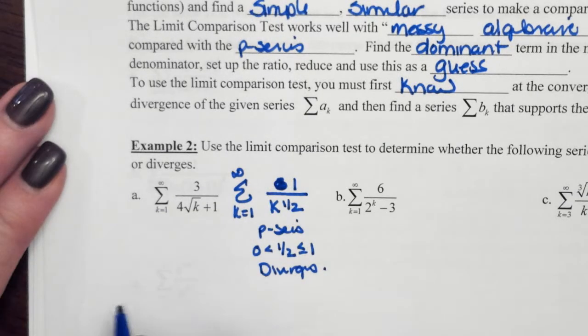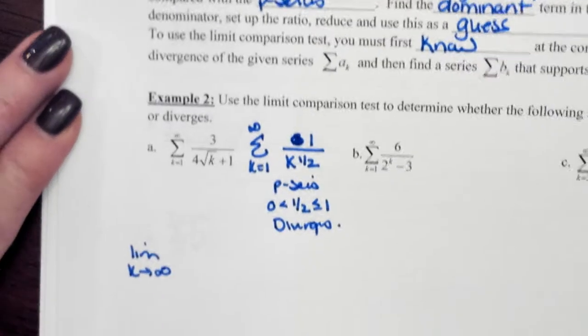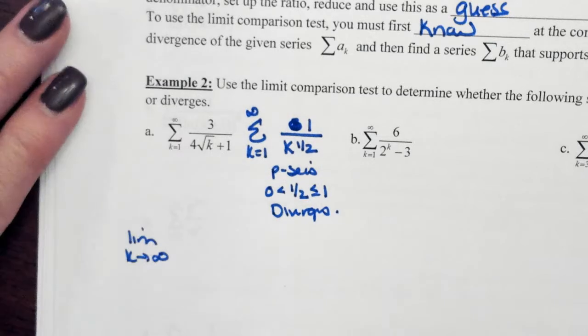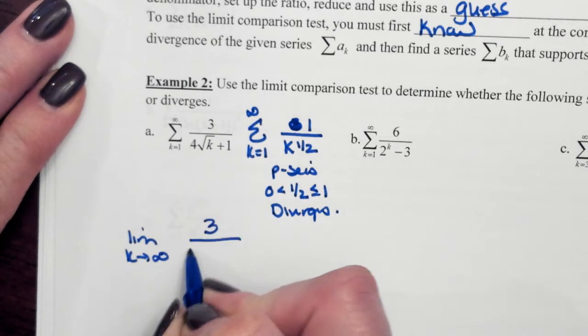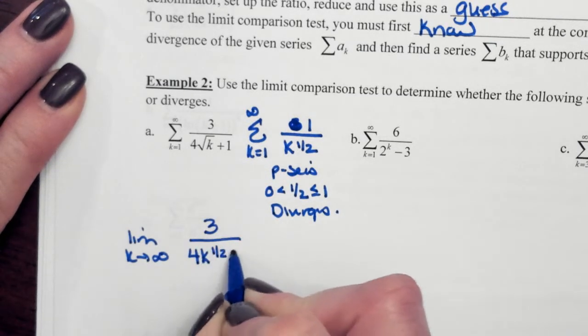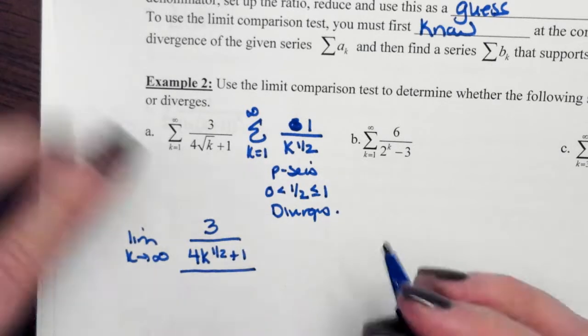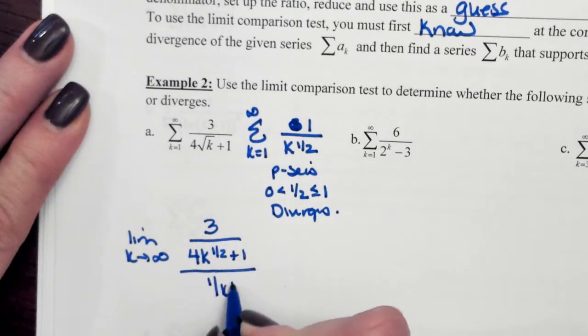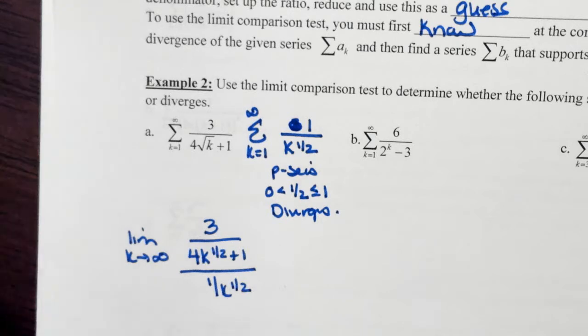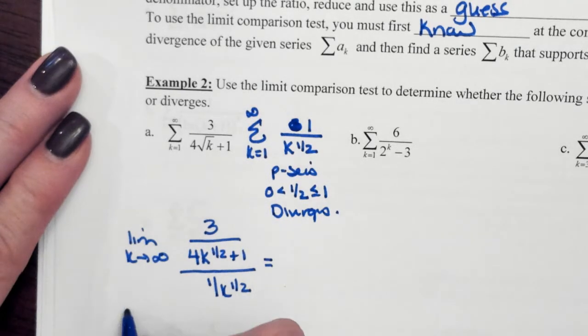So the way my limit comparison test works is I'm going to find the limit as k goes to infinity. I'm going to make a ratio. Take the series that's given and divide it by the series I'm comparing it to, the 1 over k to the 1/2. Again, when I divide, I'm going to multiply by the reciprocal.